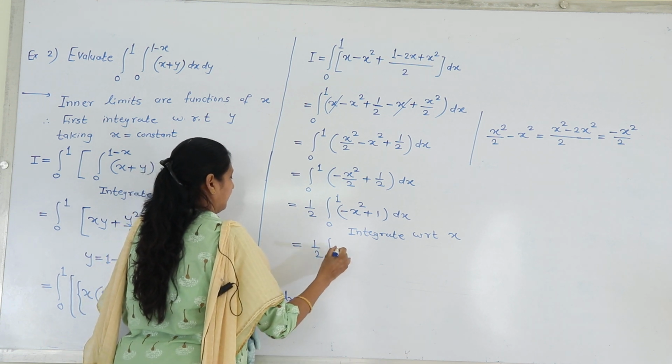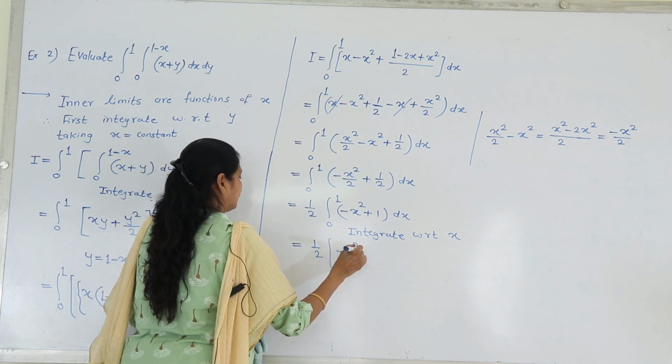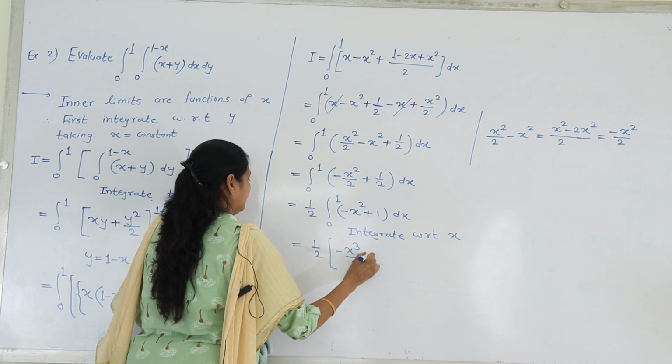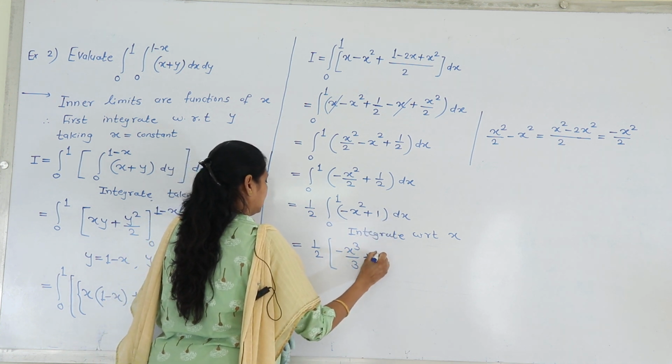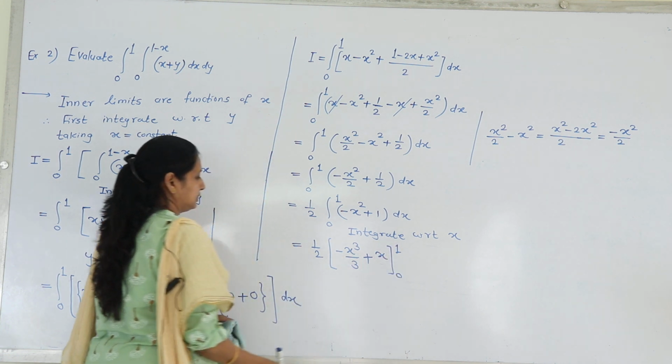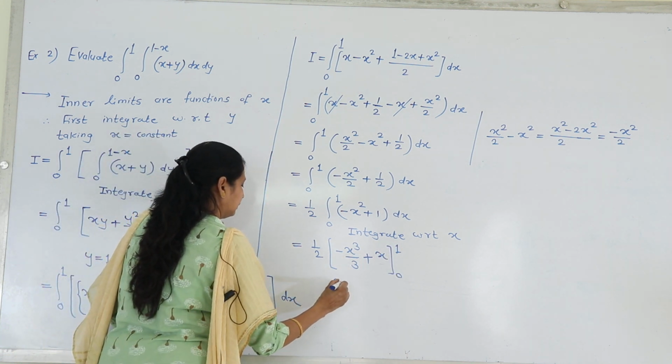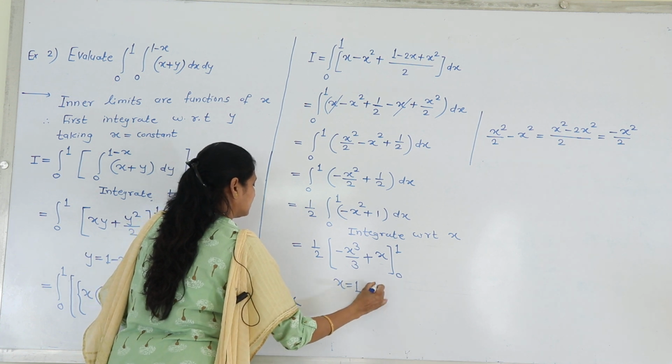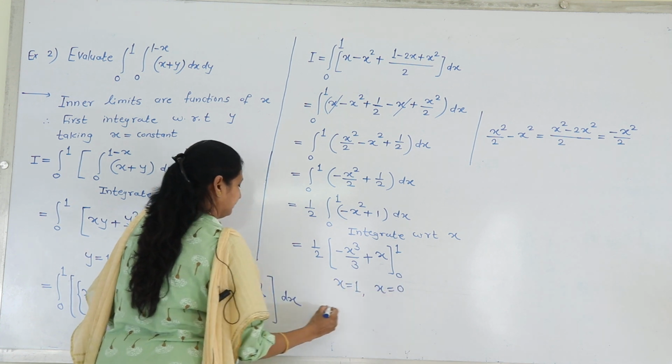Integration of x square is x cube by 3 plus 1 dx, integration of 1 dx is x. Limit is from 0 to 1.